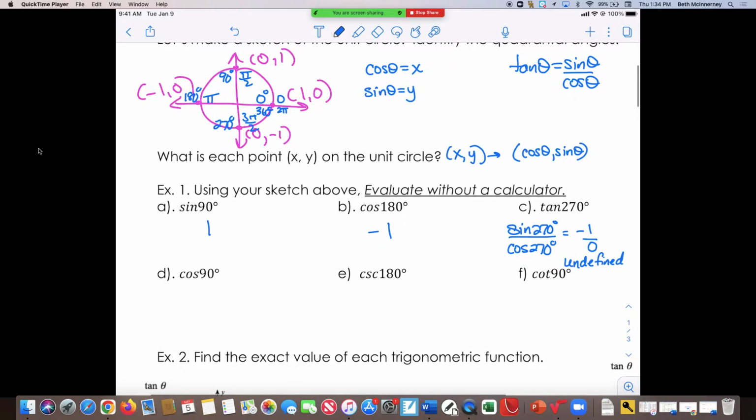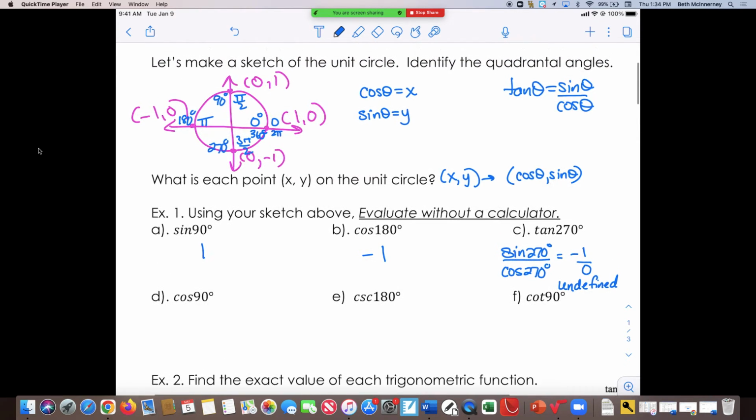All right, cosine 90 degrees. Zoe, what'd you get for that one? Good job. You rotate to 90, it's the x coordinate. All right, Ellie, what did you do for cosecant 180 degrees? How'd you get started?